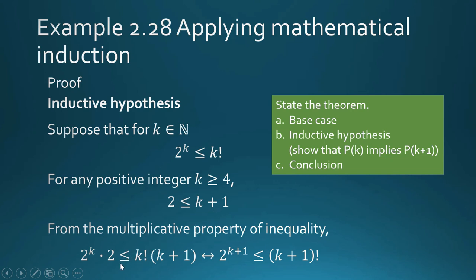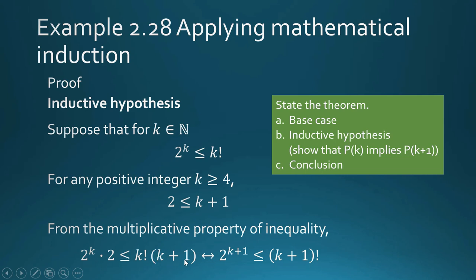The inequality stays the same. 2 raised to k times 2 is less than or equal to k factorial times the quantity k plus 1. That is because 2 and k plus 1 are both positive. You cannot make the same conclusion if 2 and k plus 1 can be negative.